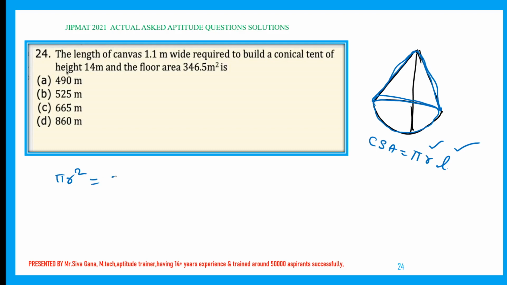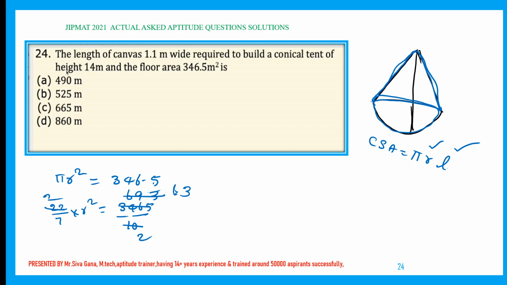Pi r square is 346.5. 22 divided by 7 into r square is nothing but 3465 divided by 10. 5 3s are 15. This is definitely divisible by 11. 2s, 11 6, 11 3s.